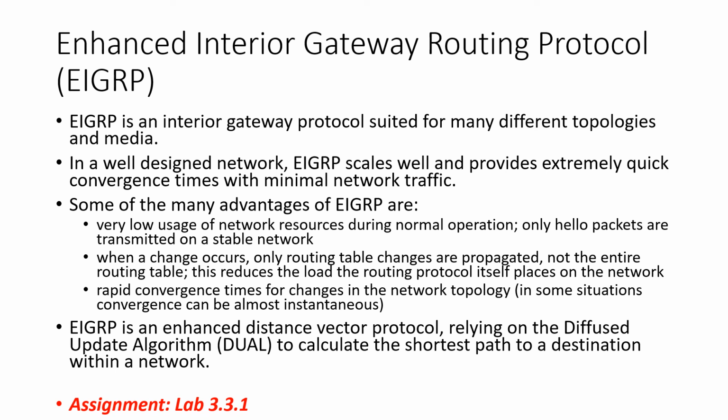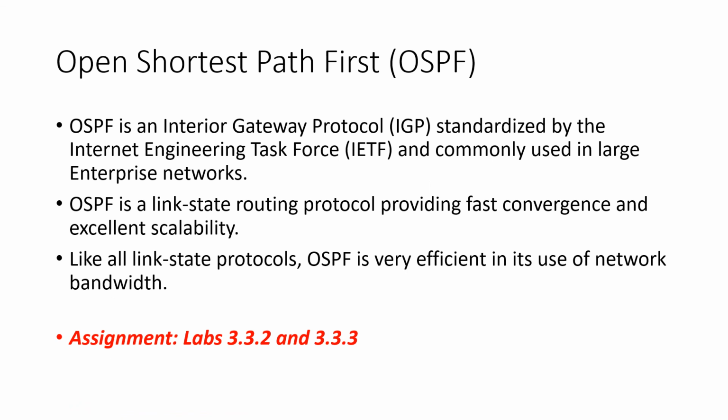EIGRP is an enhanced distance vector protocol relying on the Diffusing Update Algorithm, DUAL, to calculate the shortest path to the destination within a network. Okay, Open Shortest Path First is the interior gateway protocol, IGP, standardized by the Internet Engineering Task Force and commonly used in large enterprise networks.